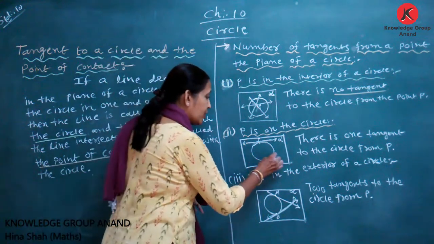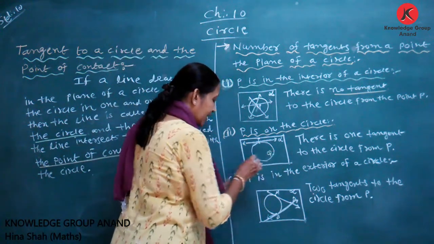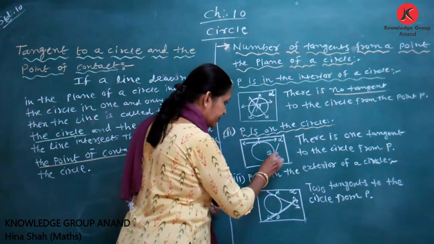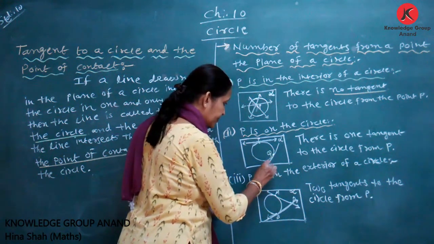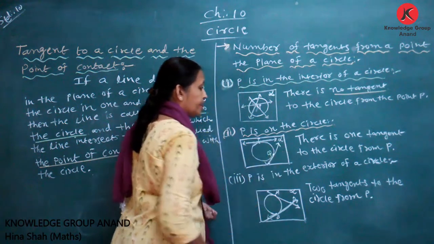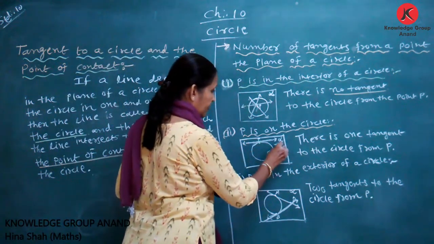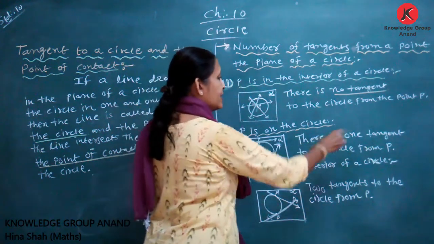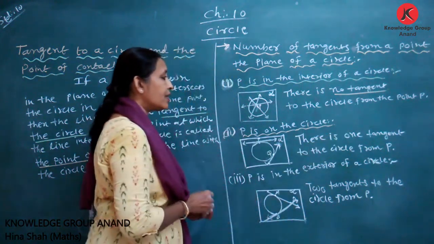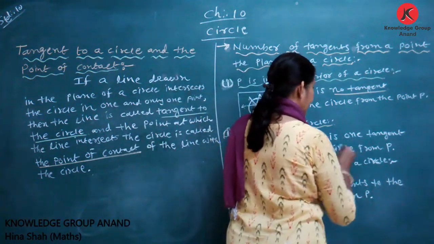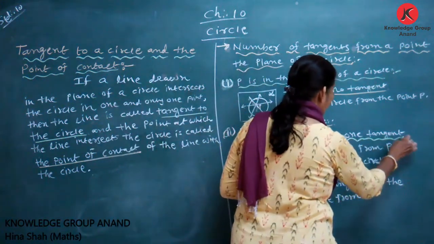We can draw only one tangent from this point. There is one tangent to the circle from P. How many tangents? One tangent.